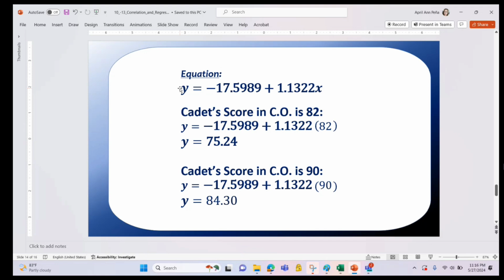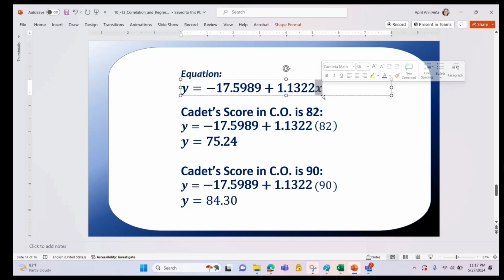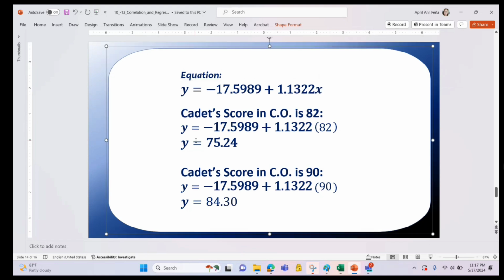Remember in our Excel, we came up with this equation: Y equals negative 17.5989 plus 1.1322x. Now, for a cadet with a score in the course outcome of 82, you just substitute his score in the course outcome here on X. When you substitute, it becomes like this.